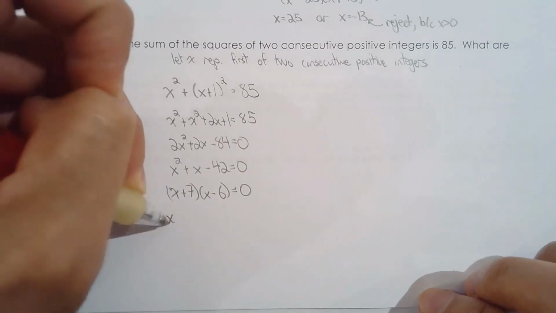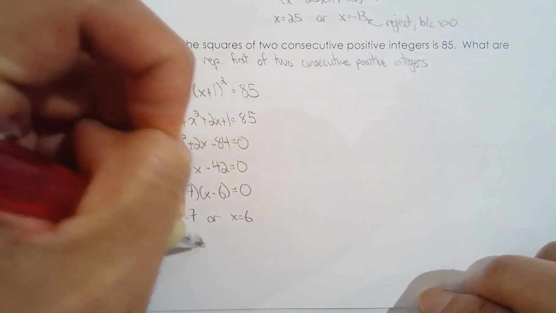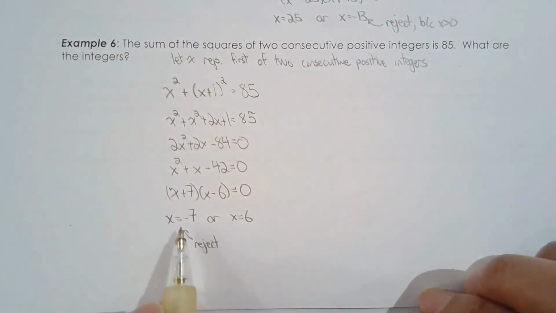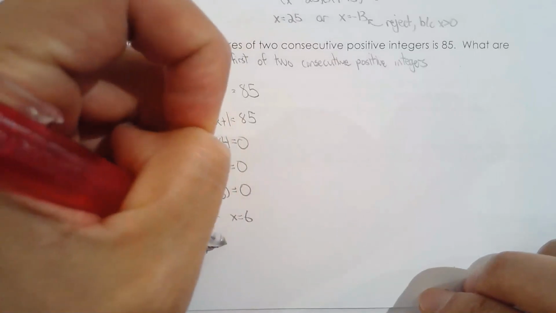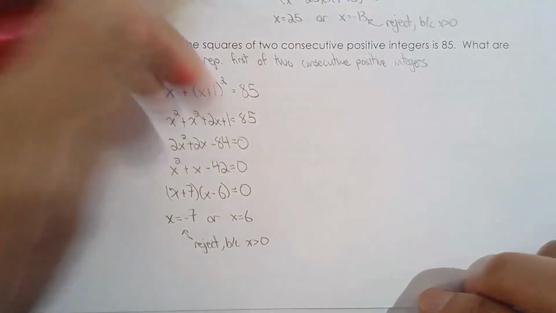Zero product property, reject. Why do I reject? Because they said positive integers, so x, because we're told x is greater than 0.